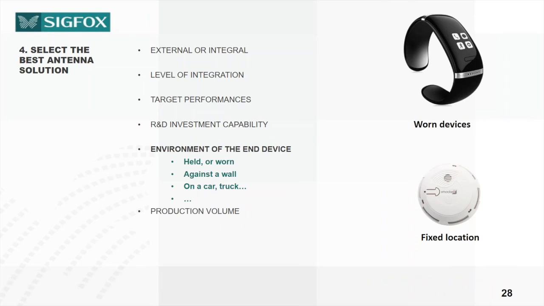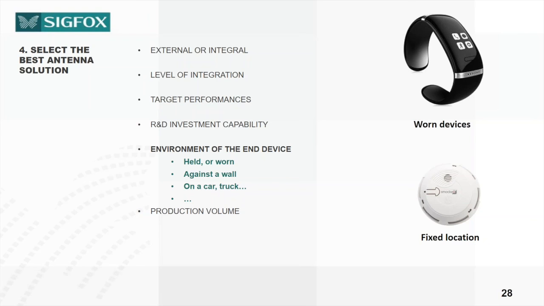Another question you should really ask yourself is, what is the environment of the end device, and basically what are the use cases? If you know that it's going to be held or worn by someone, if it's going to be placed against a wall or on a car, a truck, etc., you really need to define all the use cases in which you really want the device to work.